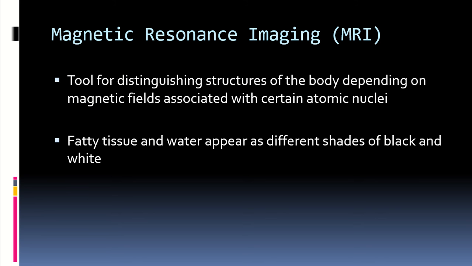Effectively, it just looks at the different types of environments hydrogen is in, whether it's hydrogen bound to, say, carbon or hydrogen bound to oxygen, variations like that. And fatty tissue and water appear as different shades of black and white because of the various environments that hydrogen is experiencing. And since water and fat are very easy to distinguish, MRI is very good at distinguishing gray matter versus the fattier white matter.